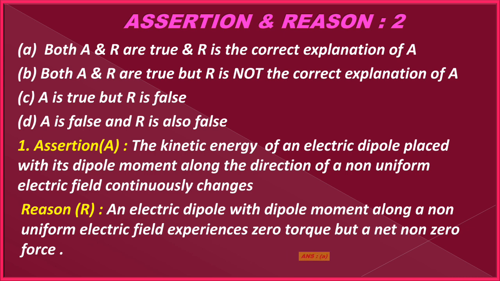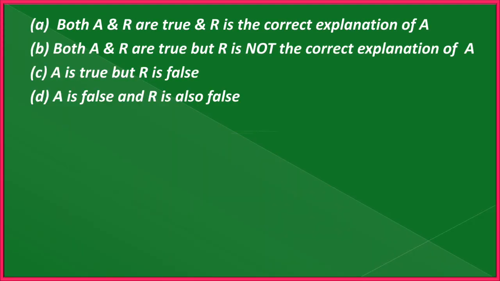The correct answer here it is option A. Both assertion and reason are true, and reason is the correct explanation of A. So here your correct answer will be A. Now the next question.